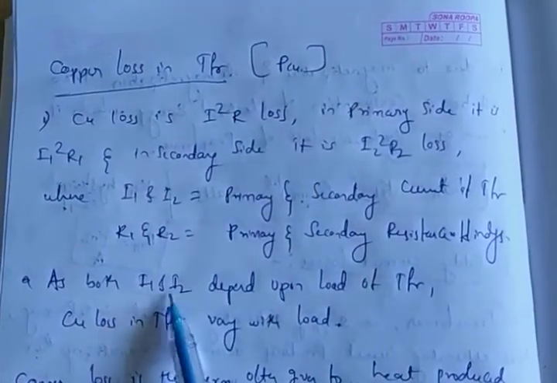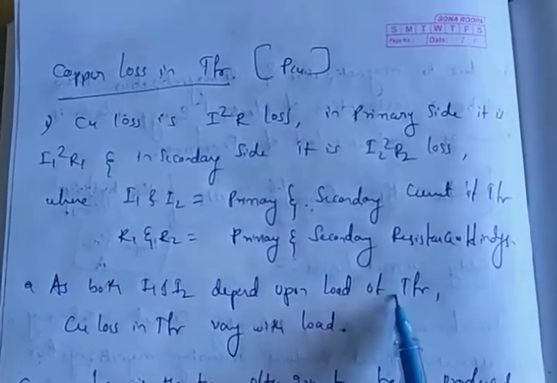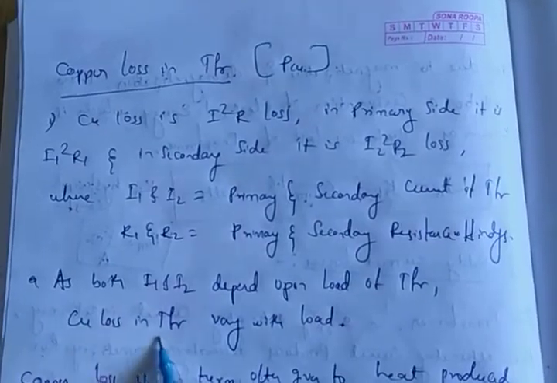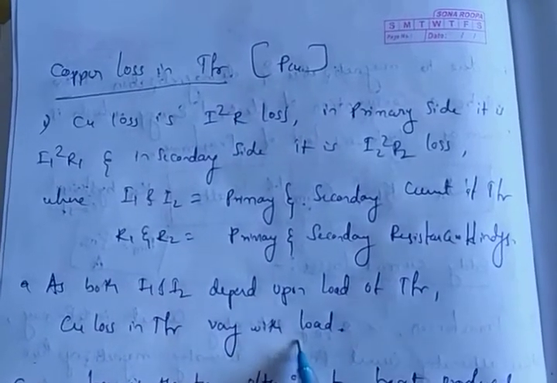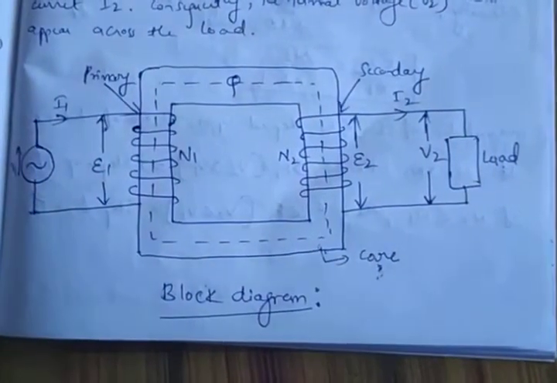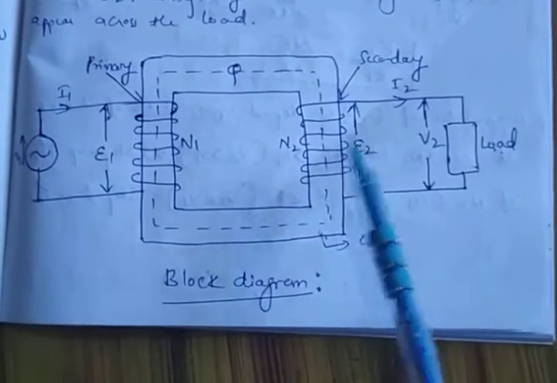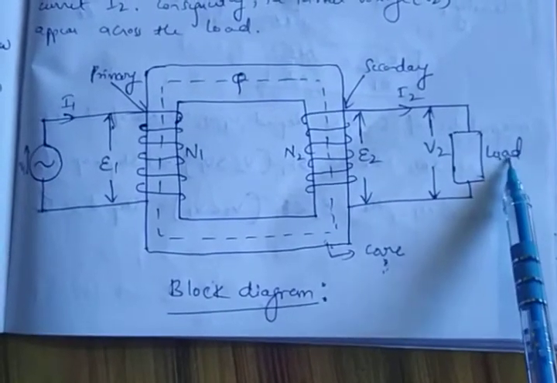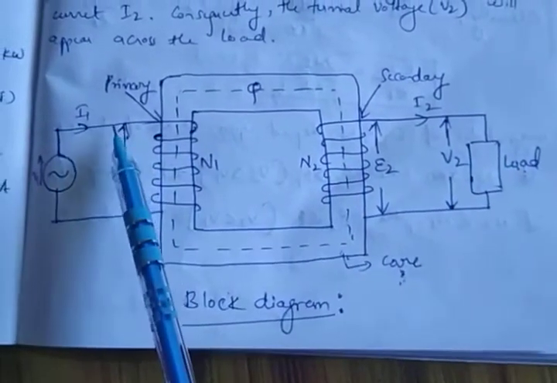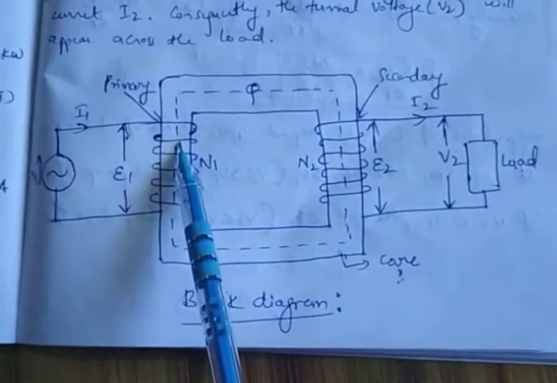As both I1 and I2 depend upon the load of the transformer, the copper losses vary with the load. As I said earlier, the copper losses are variable losses because they depend upon the current flowing through the windings.